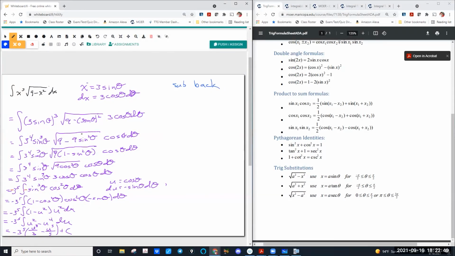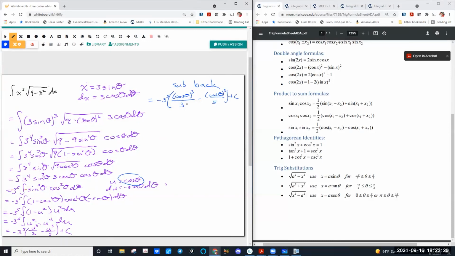The first one is pretty straightforward. It's the same subbing back you do with your u sub. U is cosine of theta. We need to get that in there. So negative 3 to the 5th, we got cosine of theta. For right now, I'm just going to write it this way. You'll see why here in a second. You don't have to. You can put 3 there. It won't change what we got. Over 3 minus cosine of theta to the 5th over 5 plus c.